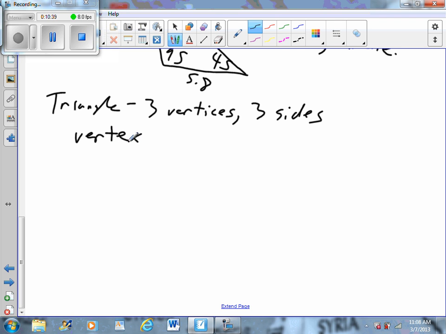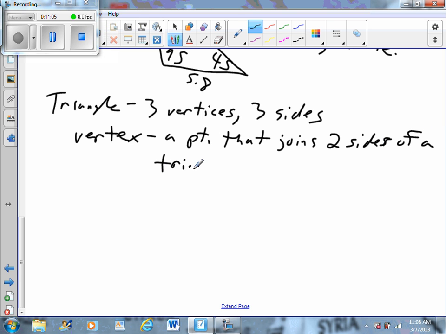Like vertex of an angle? That's the place where the 2 rays, the 2 lines come together to form the angle, right? So a vertex, a point that joins 2 sides of the triangle, okay?